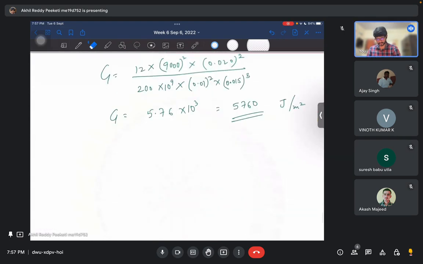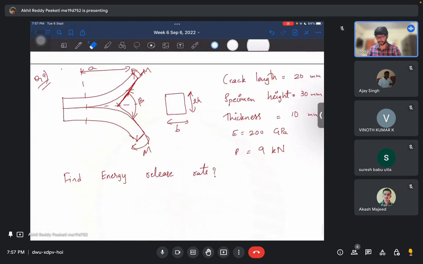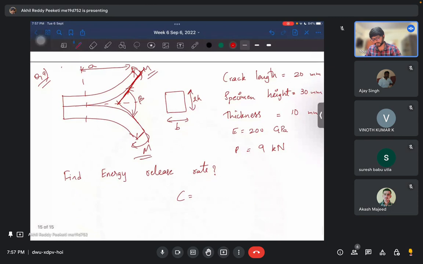So next we have a similar question, but instead of load P, now we have moment M at each end. Here, what would be C? So when it is moments, now you need to look at the angle. Here I am denoting the total angle between these two extremities as beta.